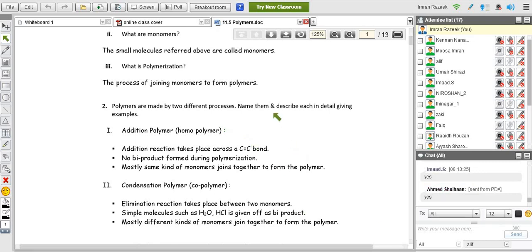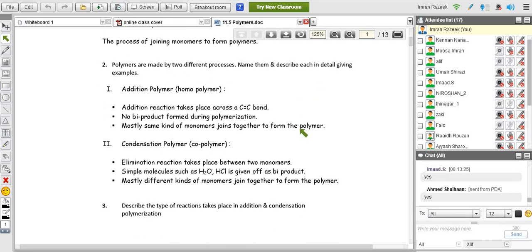Addition polymers are formed where the monomers combine via an addition reaction, and there are no byproducts produced during addition polymerization. In most cases, the same type of monomer joins to form the polymer. In the last session we discussed a few addition polymers like polyethylene, polypropene, polyvinyl chloride, and polytetrafluoroethene.